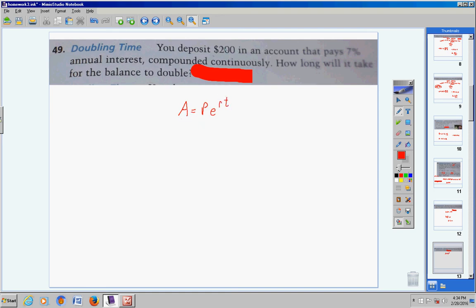You're starting off with 200, and you want to know how long it'll take to double your money. So your ending amount will be 400: 400 equals 200 times e to the 0.07t.